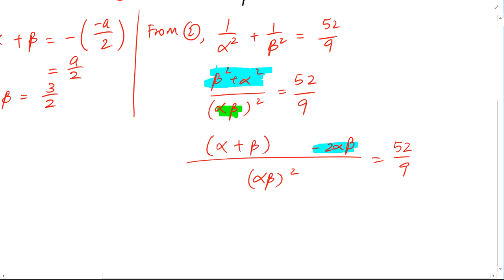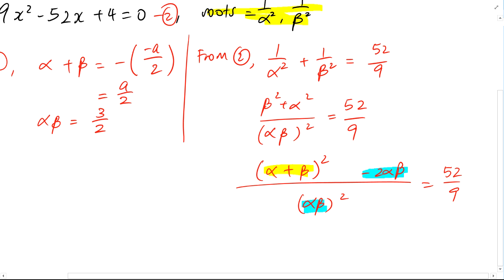Alpha plus beta square. Now, do you prefer it in this format? Yes. Why? Because it is the sum of roots, alpha plus beta, then squared. We have the sum of roots, and we've got the product of roots already. These values, alpha, beta, alpha plus beta, are found on this side.